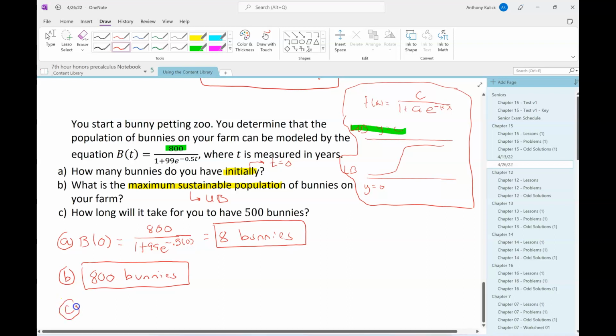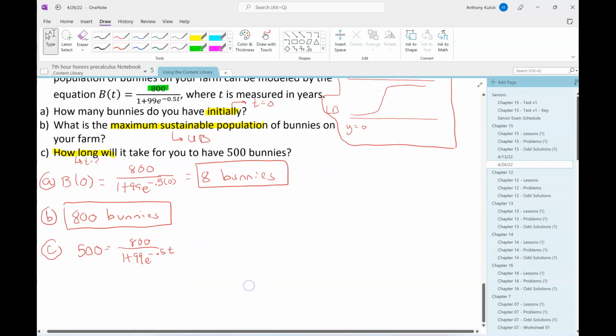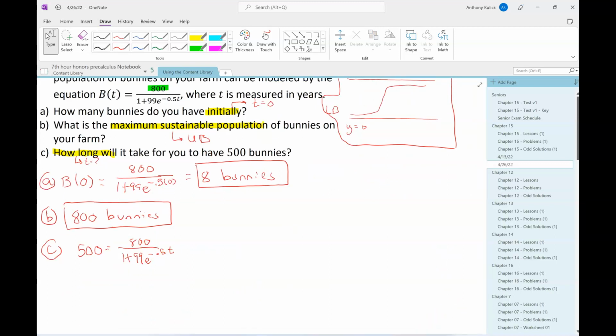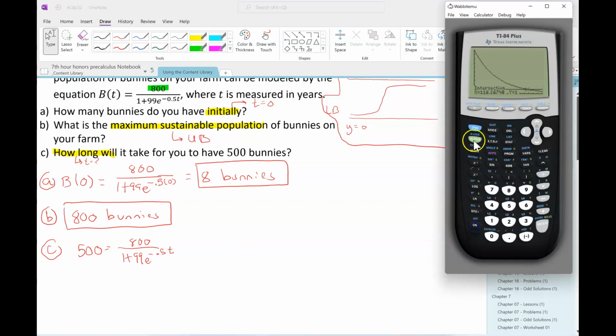Part C says, how long? Oh, what are we doing there? Solving for t. Will it take for you to have 500 bunnies? So that 500 is a population. I'll plug that into b of t. And then we'll solve this. Again, we'll use our calculator to do this the same way we had done before. So left-hand side, right-hand side.